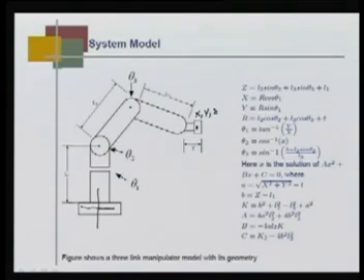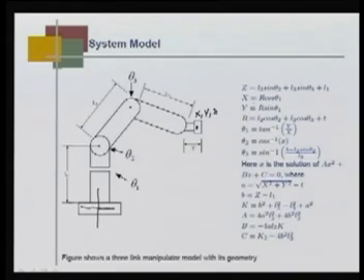Z is L2 sin theta 2, where L2 is the length of the second link, plus L3 sin theta 3, where L3 is the length of the third link, plus L1, where L1 is the height.